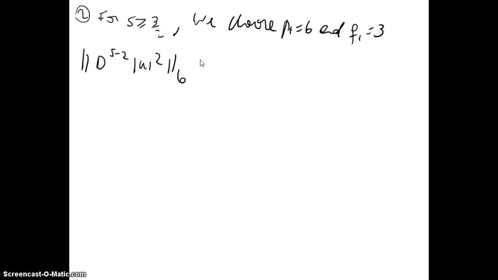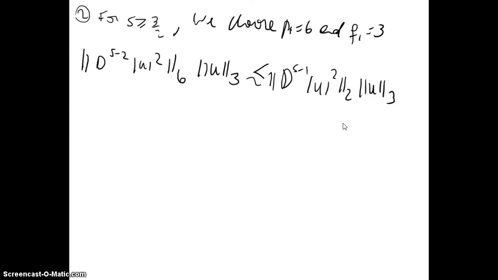and now the other term will be the norm of u in L^3. This will be bounded by the norm of D^(s-1) u squared times the norm of u in L^3. This is because we will use that the L^6 norm is less than or equal to, well, this is a Sobolev inequality.